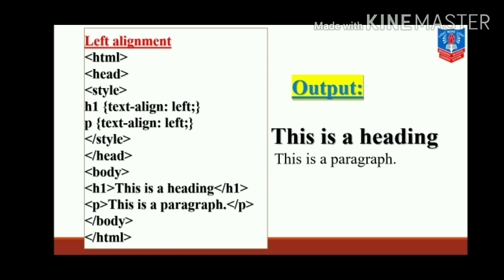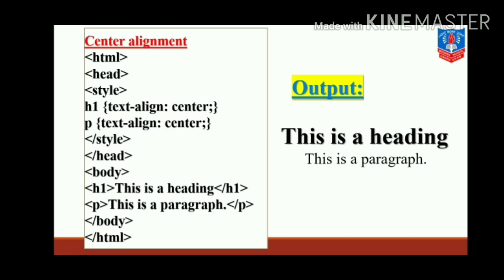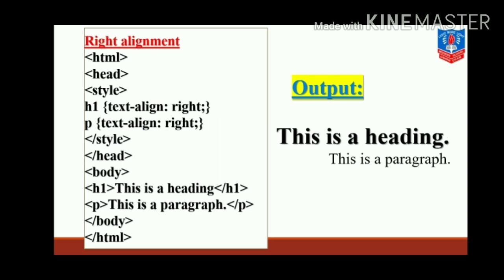The paragraph is in normal font, also left aligned. Next we go to center aligned. It is very simple, you have also done it in 9th standard, so you can see the output and understand it. Same with the right alignment.